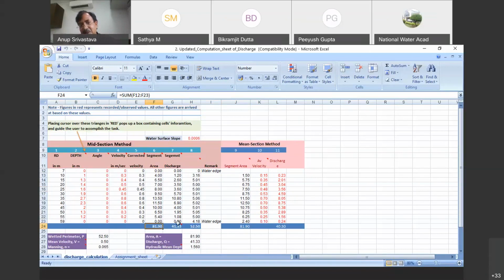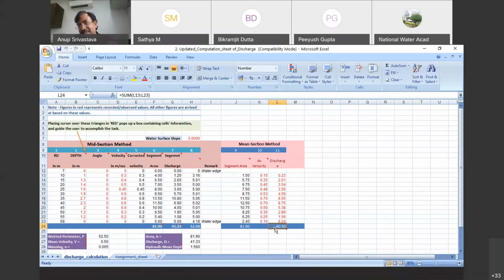It is not going to change. But you may observe the difference in the discharge value. For this example, in the real world it may vary to different degrees. Here, one method gives a little higher value, resulting in a higher discharge calculation, 41.33. And if you employ the mean section method, that will give you 40.30, a slightly lesser value.